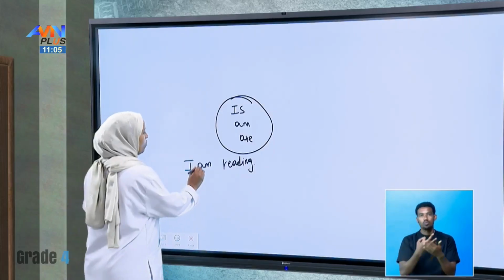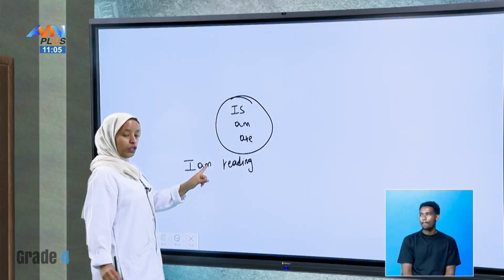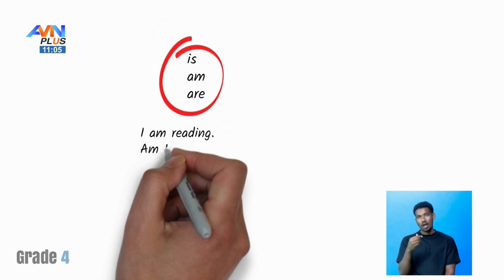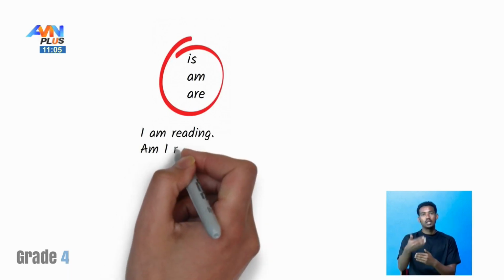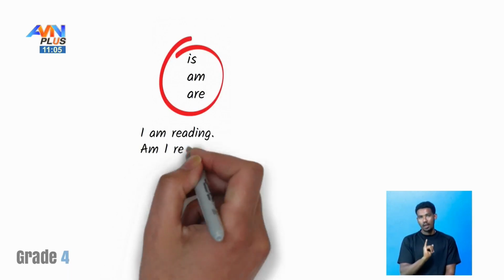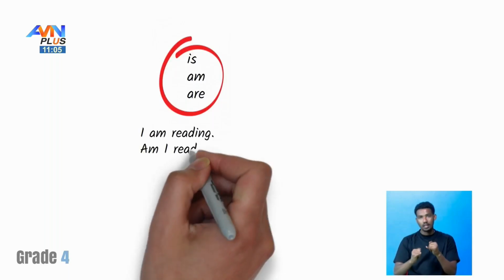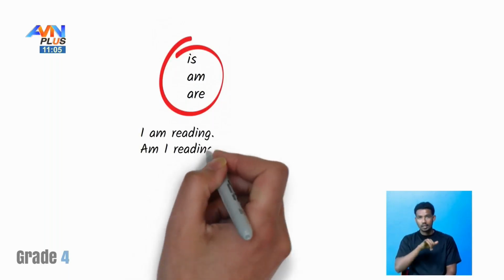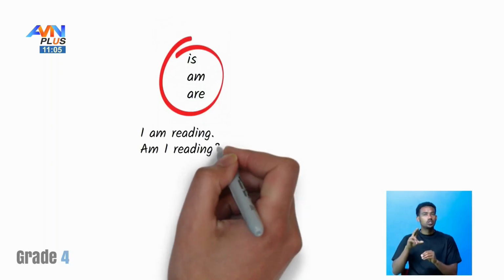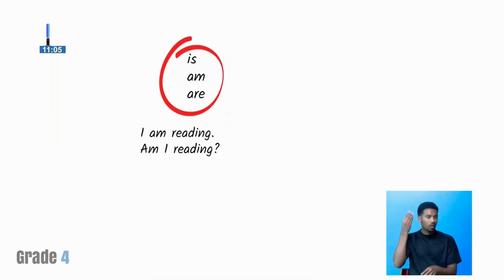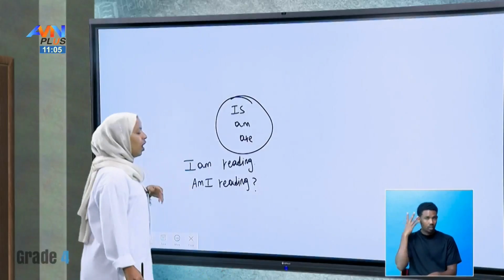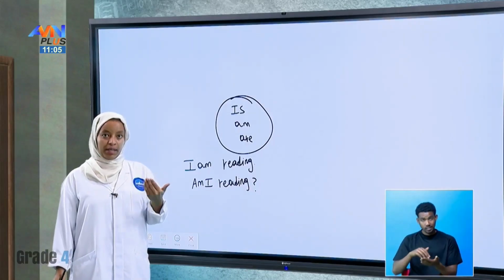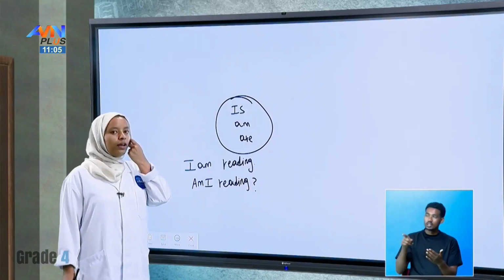Easily we can take the verb to be, and next the subject, am I, and at the end, reading, the main verb. And also, students, no need to forget the question mark. Bravo, students. Am I reading? This is the question form.